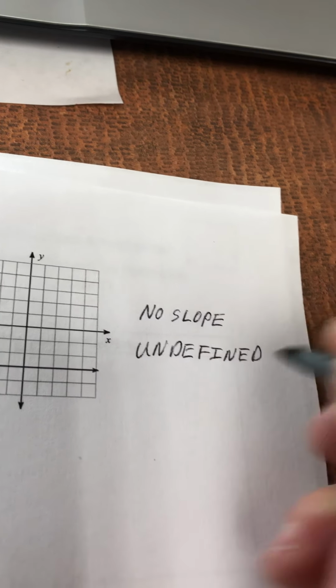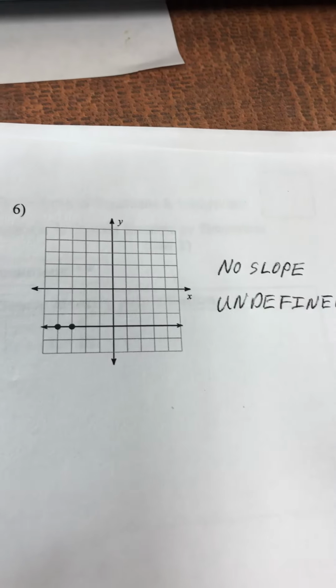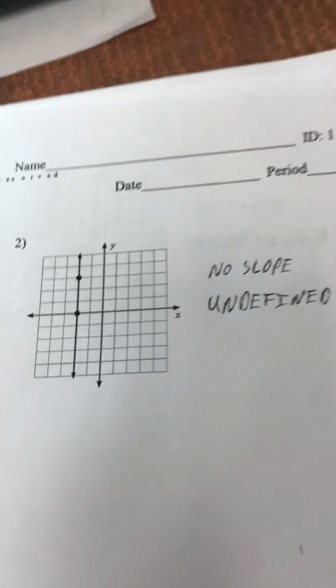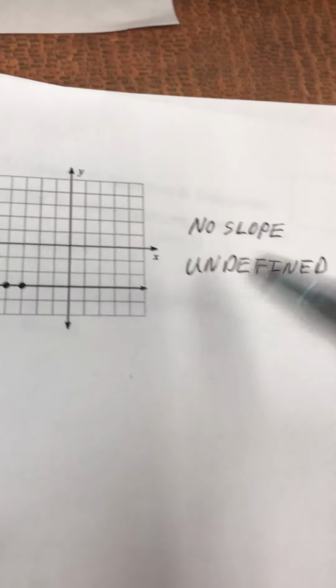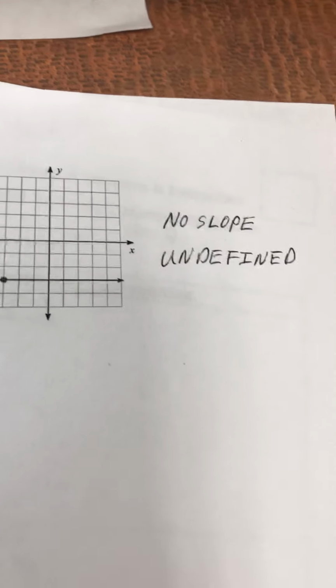It's similar to that number 2. That's a vertical line though, so it's going to be a different answer, but you have the same choices, no slope or undefined. One of them's no slope, one of them's undefined.